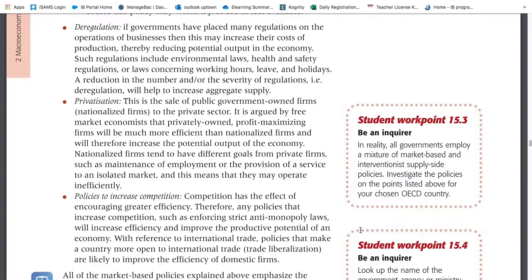Privatization is another method where you're releasing responsibility from the government and then letting private companies pick it up. So if, for example, delivering mail used to be the government's job, outsourcing it and allowing couriers to come in, they're going to be more efficient. They're trying to make profits, so they're going to lower their costs and increase output as a result, because they're private and that's their job to grow and make money.